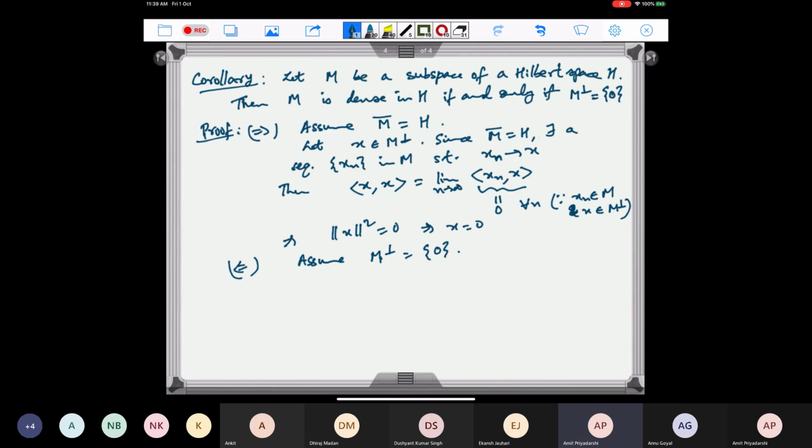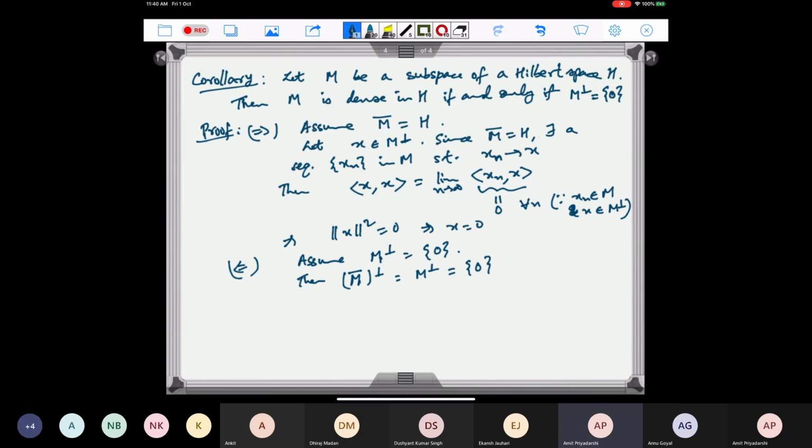So then, what is M closure perp? This is the same as the orthogonal complement of M, which is equal to 0.